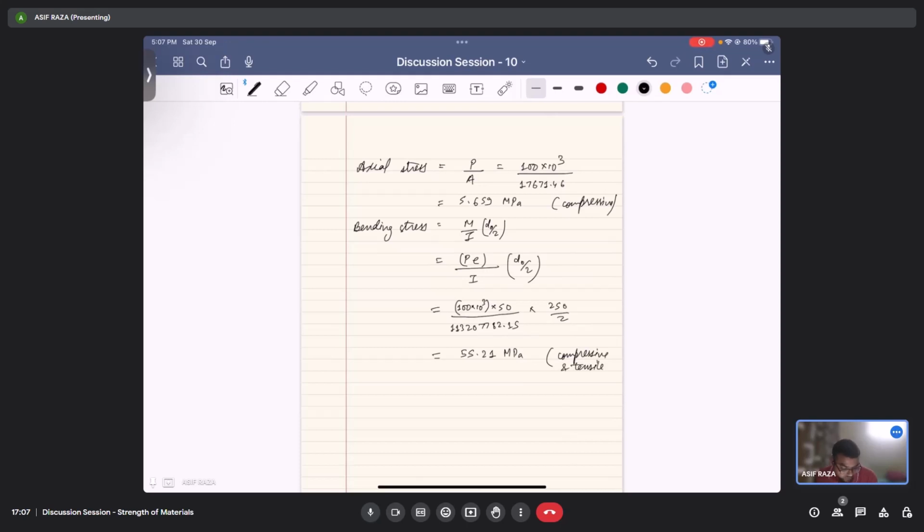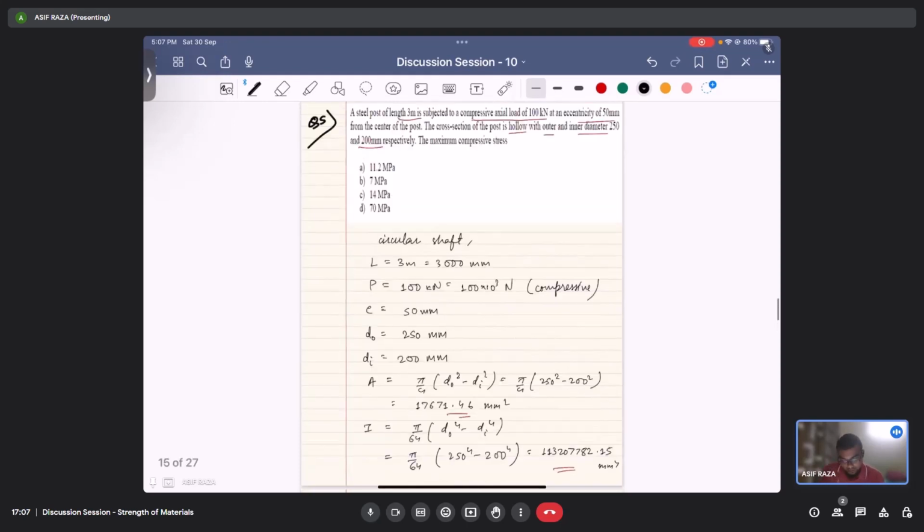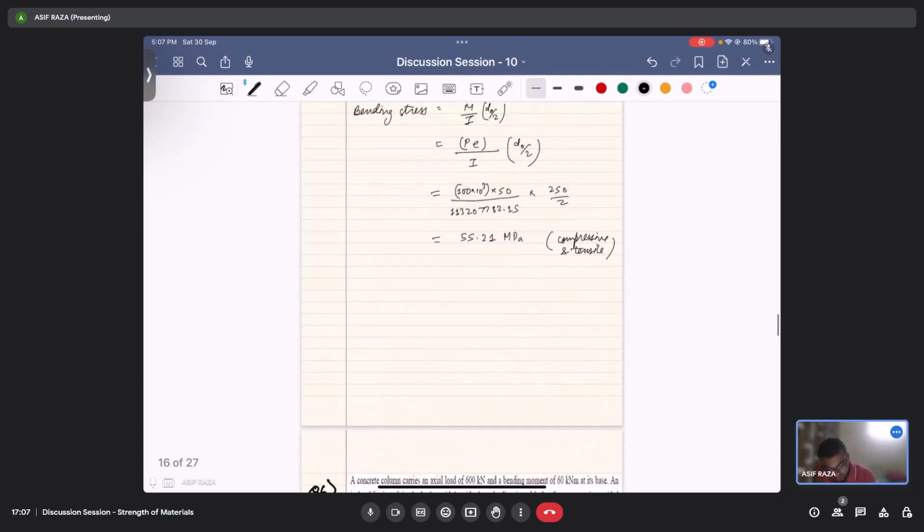So I can find the maximum compressive stress. As there is no twisting moment, this is it.